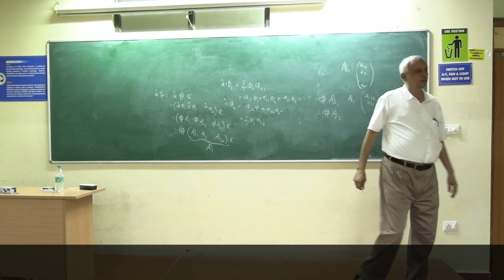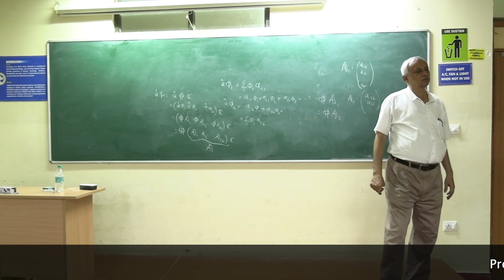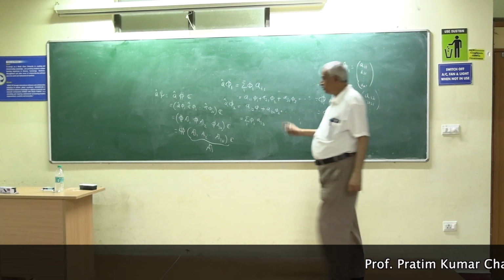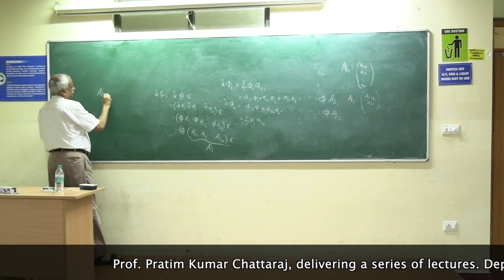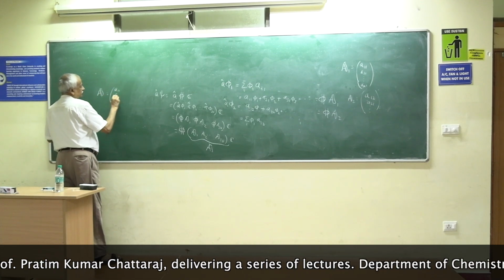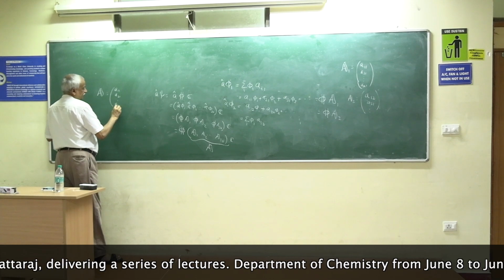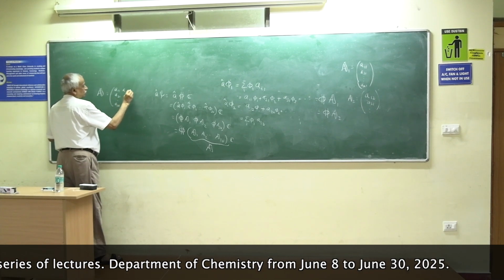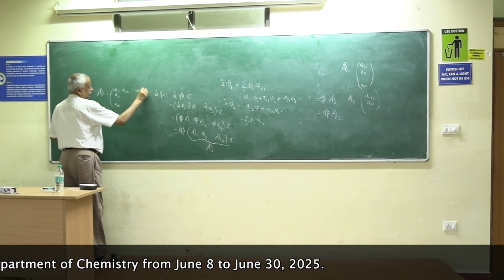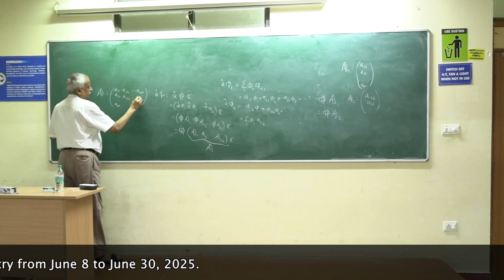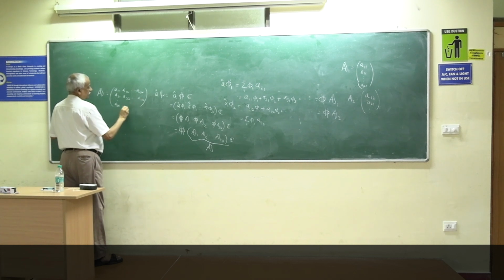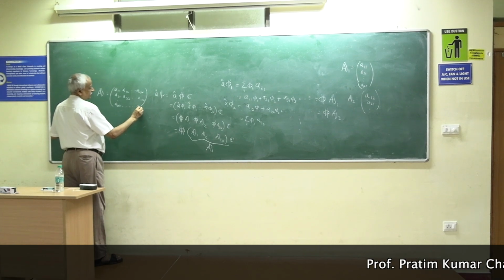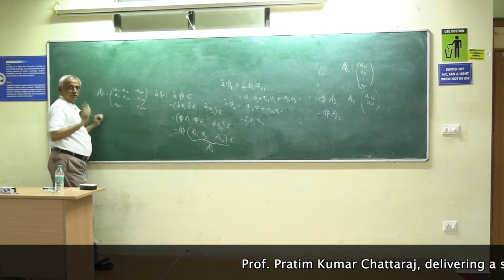How will it look? A11, A21, A3n1, A12, A13n, A22, A23n, A3n1, A3n3. Okay, so this is the square matrix.